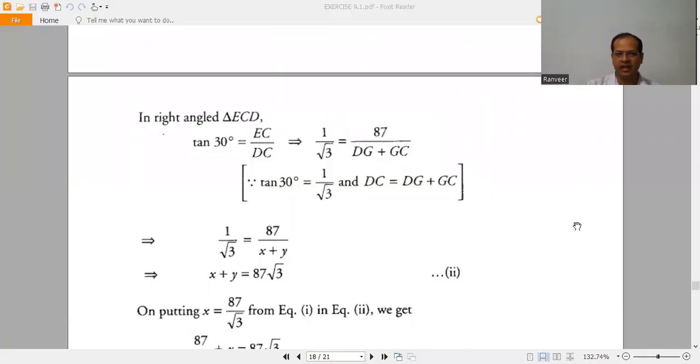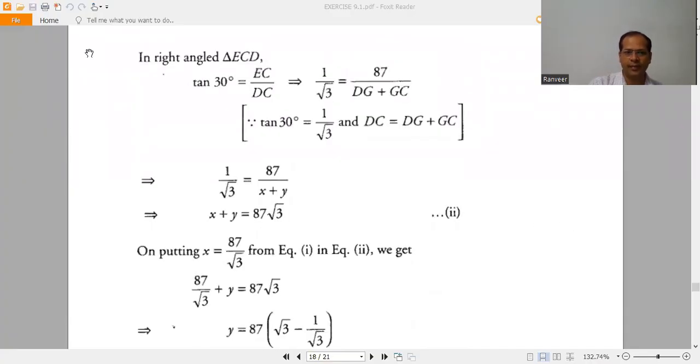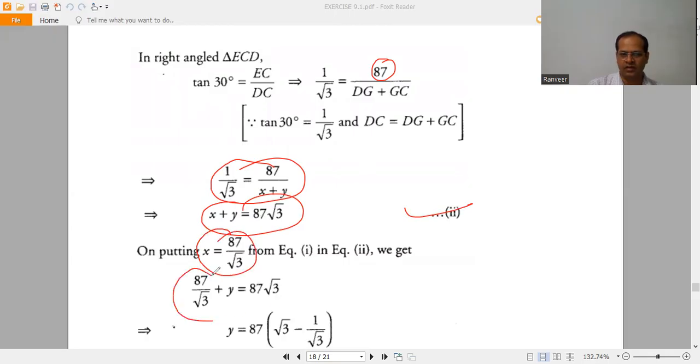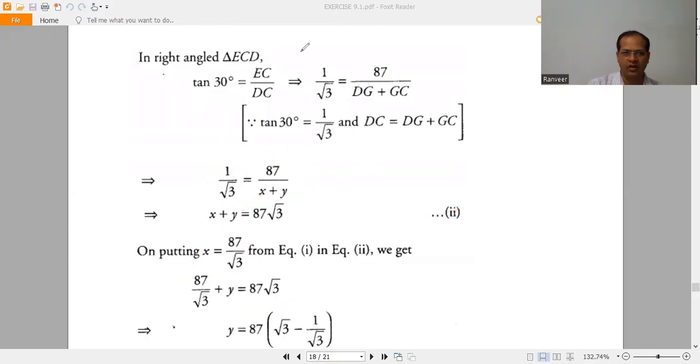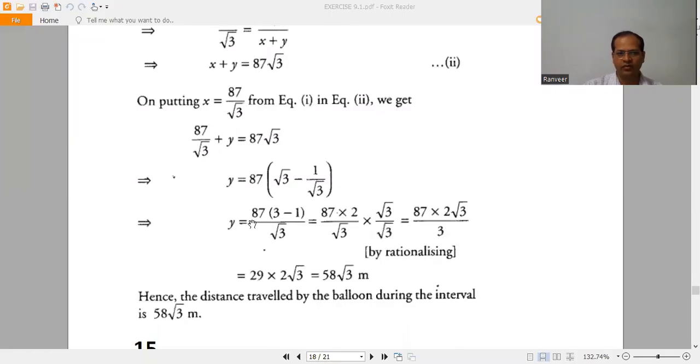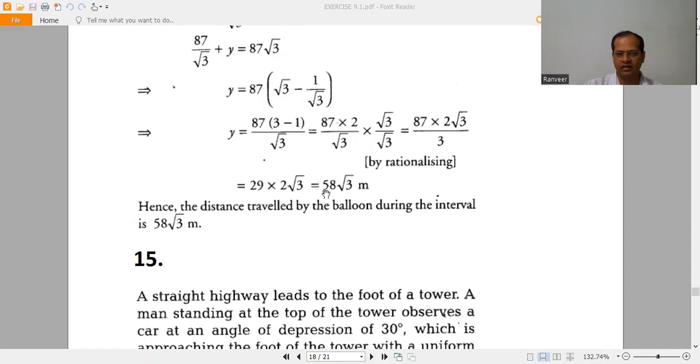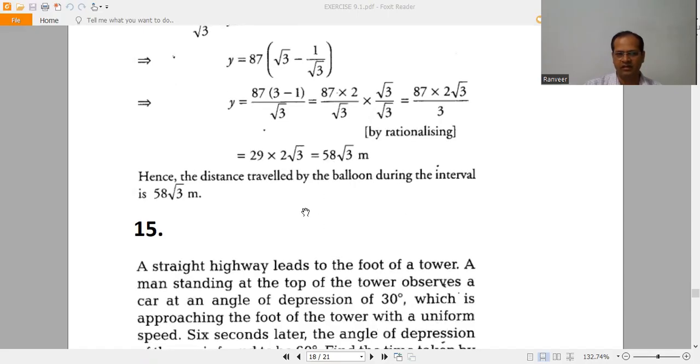EC by DC, and we have to substitute the value. So 87 divided by x plus y. So whatever value we got from the first equation, x equal to 87 by root 3, we have to substitute and we have to solve. So the y value is this. After rationalizing all the values, we got 58 root 3 meter.